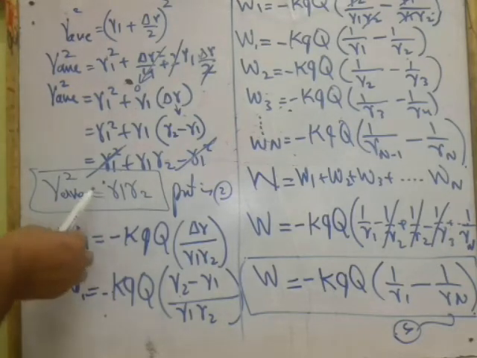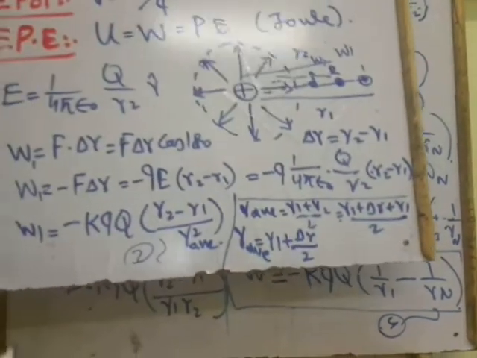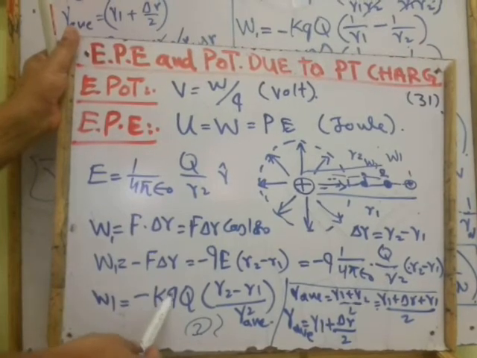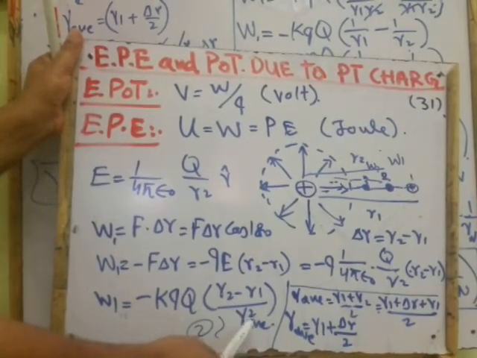Now putting the value of R average square in the previous equation, equation second. W1 is equal to minus K q capital Q, R2 minus R1, divided by R average square.